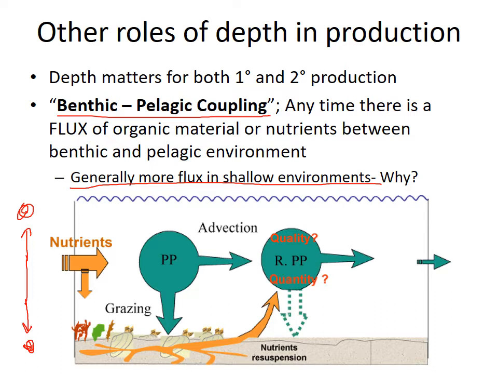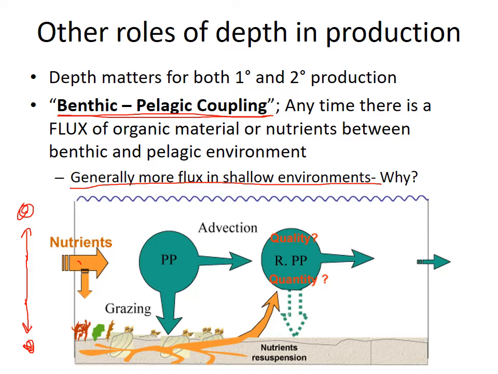So it's easier for something from the surface to get to the bottom if the bottom is close by. It's easier for something from the bottom to get stirred back up to the surface in shallow water than in deep water. So it's a fancy word, benthic pelagic coupling, but it refers to a relatively simple idea that there's more interaction between water column and bottom processes in shallow environments.